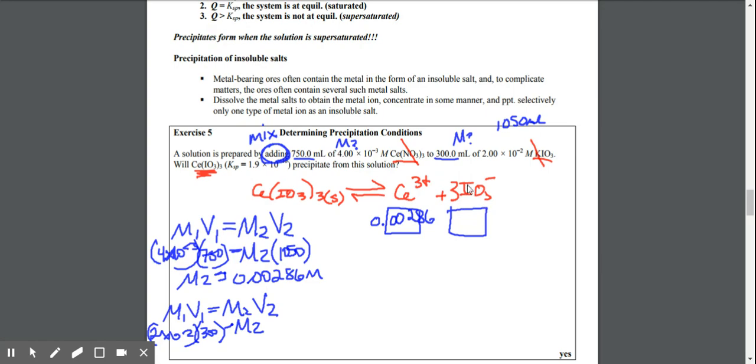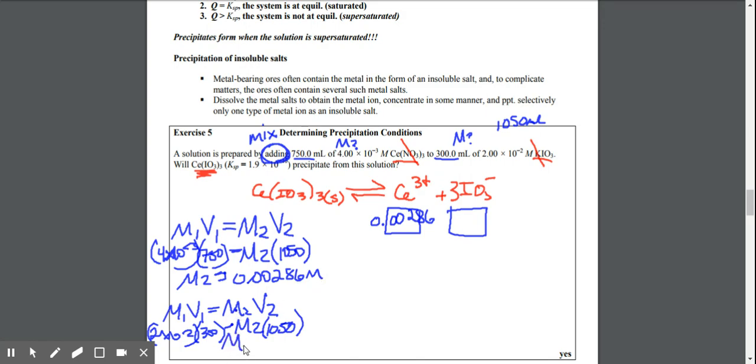And V2 is the volume added together once I mix them, so 1050. Now this will help you out in acid-base as well. Whenever I mix two solutions, you always have to find new molarities, okay? And you find the new molarities by M1V1 equals M2V2.